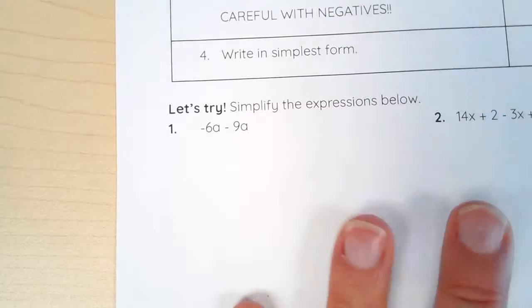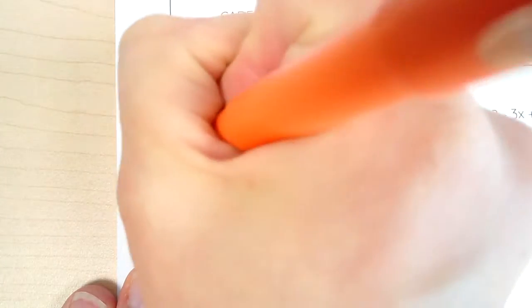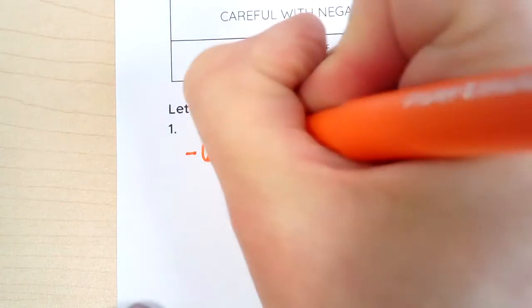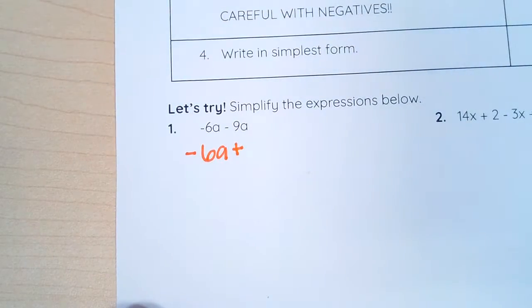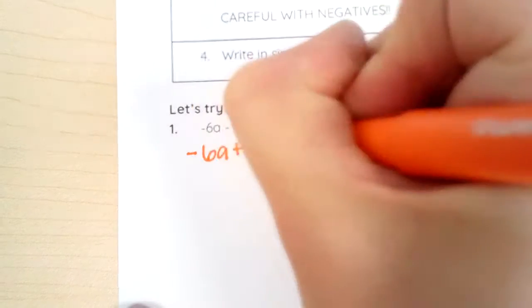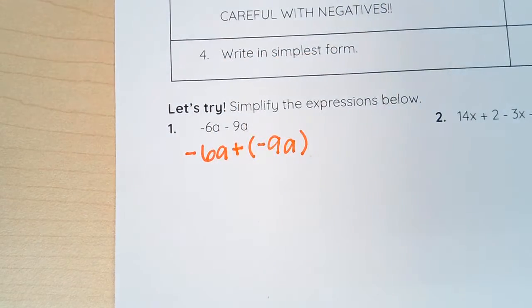If I have -6 minus 9a, my first step is to rewrite that expression. -6a stays the same, but that subtraction needs to turn to addition. Now I need to find the opposite of positive 9a.